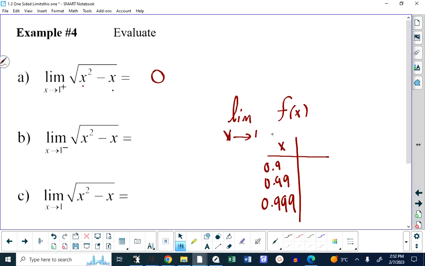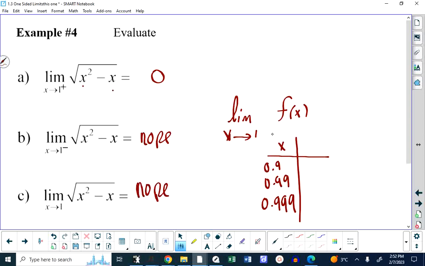And that means when you subtract 0.999 squared minus 0.999, you get a negative number. And you can't take the square root of a negative. So this limit does not exist.